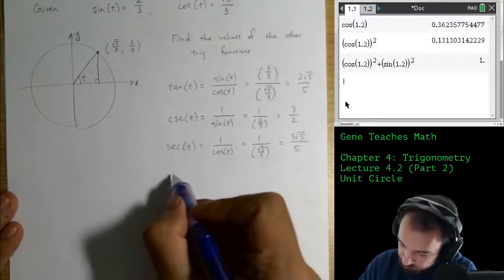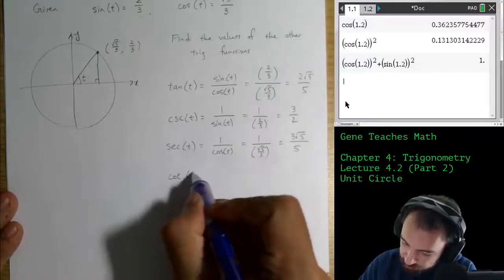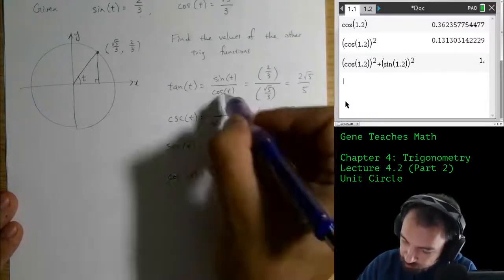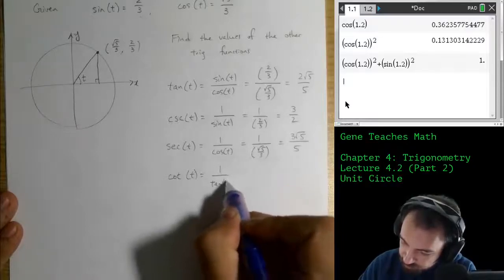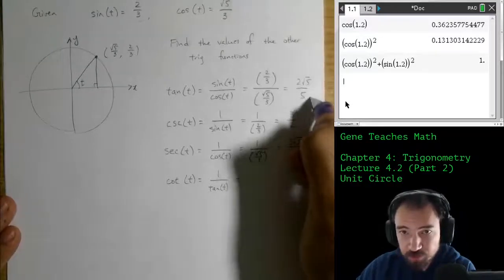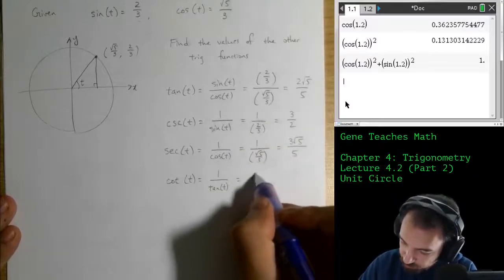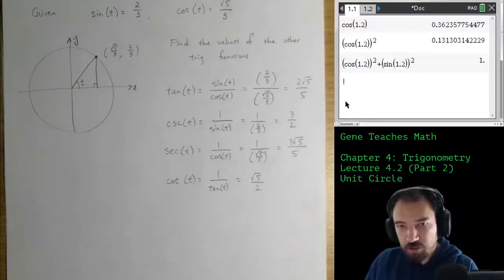We can also finish out with cotangent of t, the reciprocal of tangent, so we might as well just say 1 over tangent of t, which would be the reciprocal of this, simply square root 5 over 2. So they're all numbers.